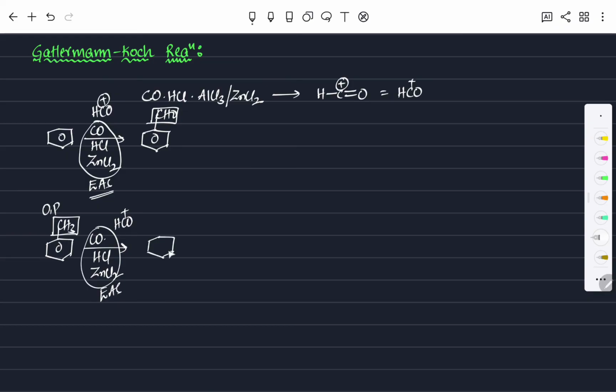Therefore we get mainly two products: one is ortho CHO and another is para CHO. Among these two, the para product is major. So this reaction is the Gattermann-Koch reaction.